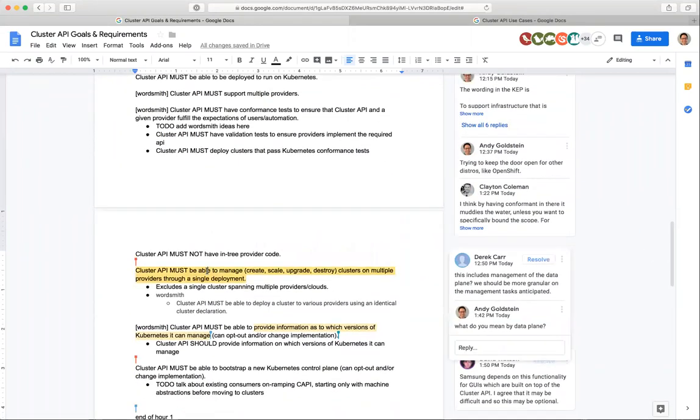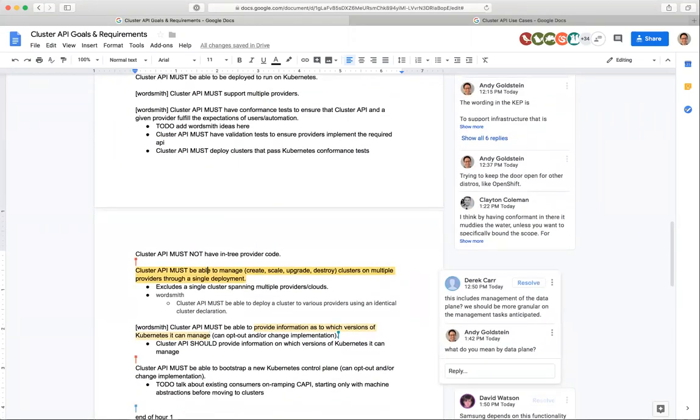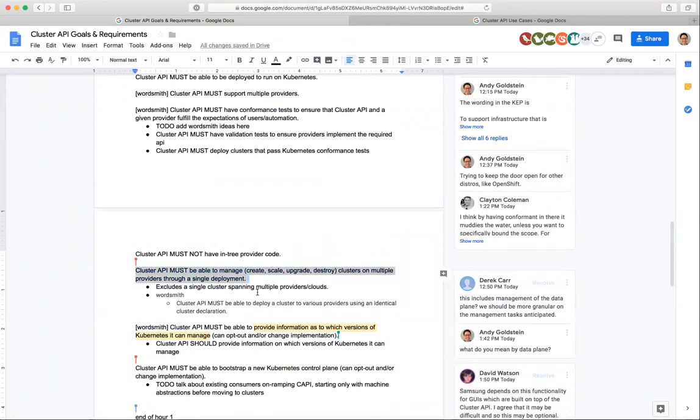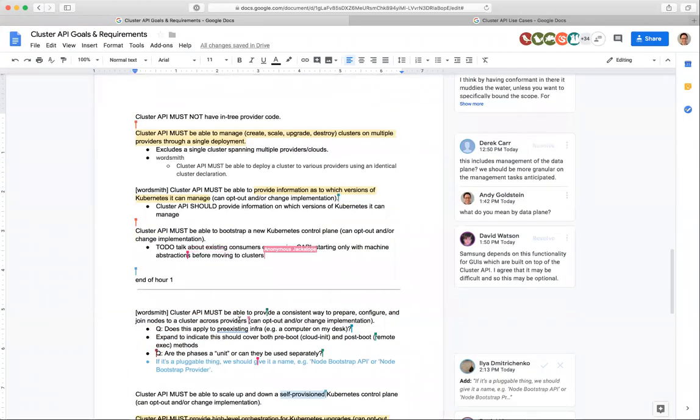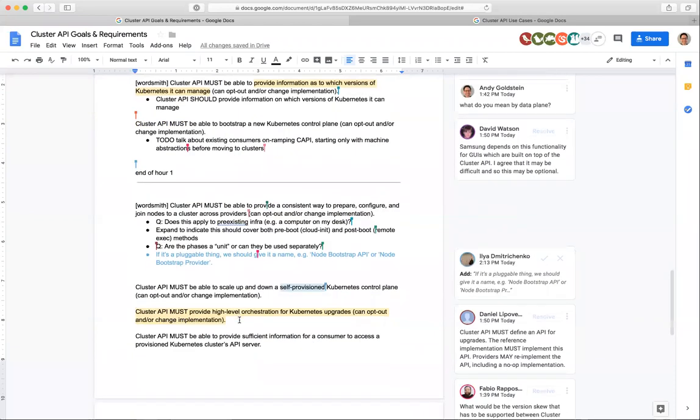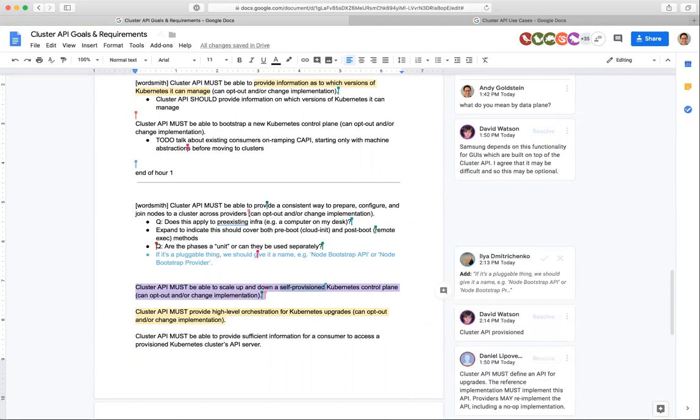Were you talking about this one or the goal? Two down. Oh, right. Sorry. Yes, so related requirements, one for bootstrapping a control plane and then another for scaling it. What does it mean to scale a control plane? Add additional members to it.